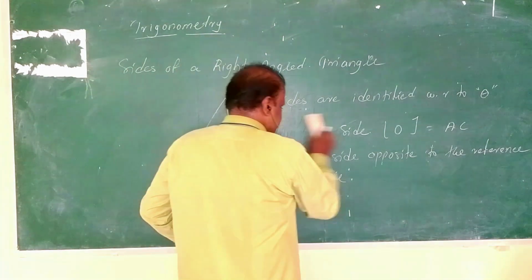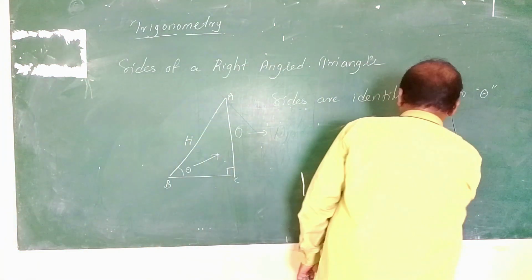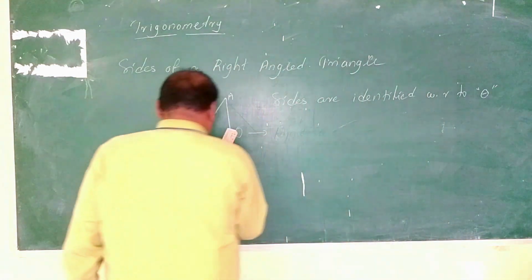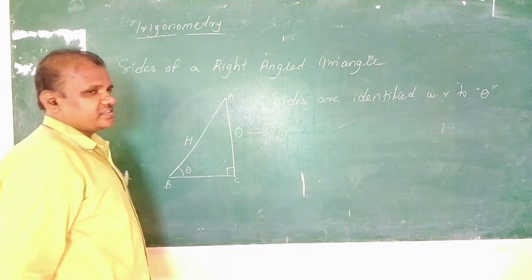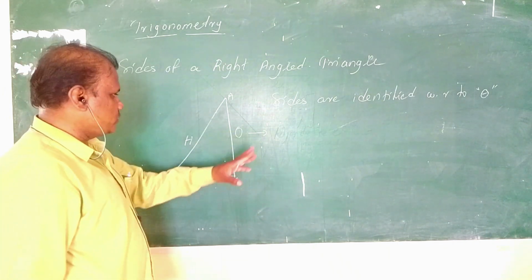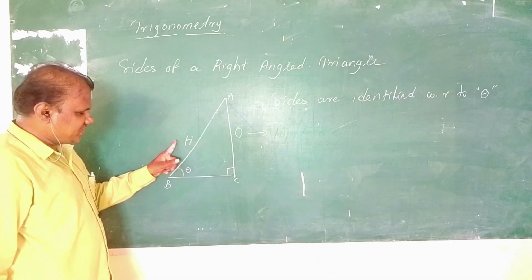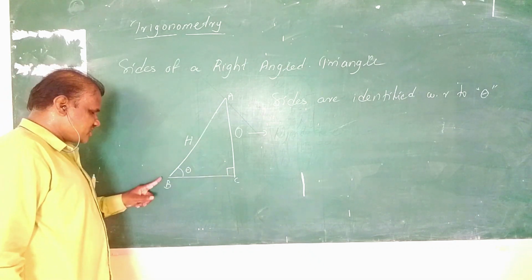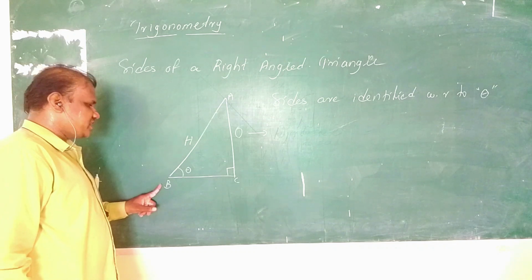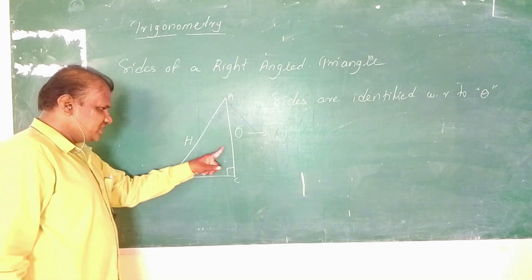Then moving to the third side. Because it is a triangle, it is going to have only three sides. One is the hypotenuse, exactly opposite to 90 degrees. The next side is the opposite side, which is exactly opposite to theta.